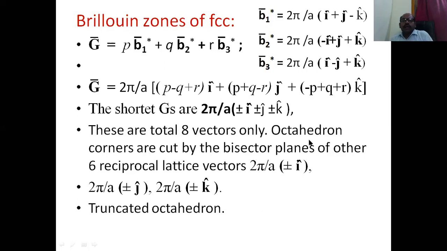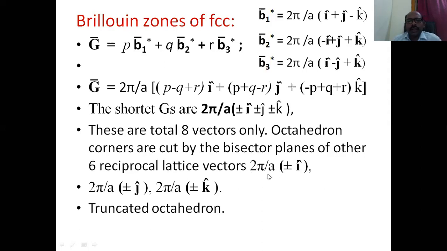Generally, the planes drawn at the middle of these vectors form one octahedron. But the corners of the octahedron are cut by the planes drawn at the middle of the 6 other reciprocal lattice vectors given here: 2 pi by a times plus or minus i cap, 2 pi by a times plus or minus j cap, and 2 pi by a times plus or minus k cap.